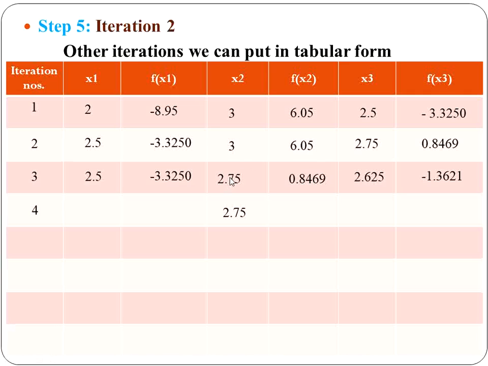There is no change in 2.75, so we can copy it in the next row, along with the function of the same 2.75. Instead of 2.5, we can write 2.625, and the function of 2.625 is minus 1.3621. For calculating the value of x3, we can make use of the bisection formula. Then we will get the x3 value as 2.6875.